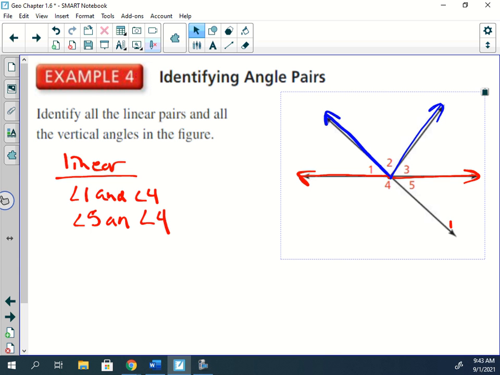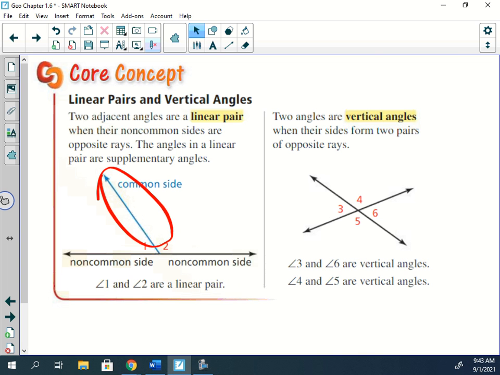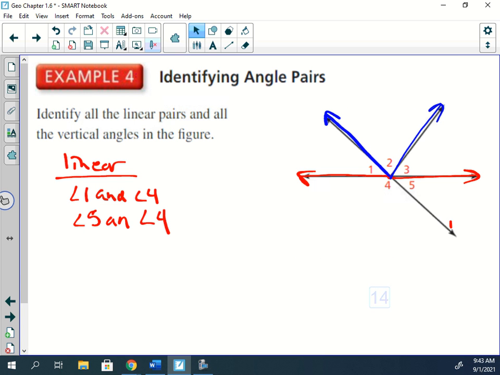There is no common side, and what else do they do? They also add up to be 180. Do 1 and 3 add up to be 180? No, because angle 2 is in the middle, so they're not a linear pair.